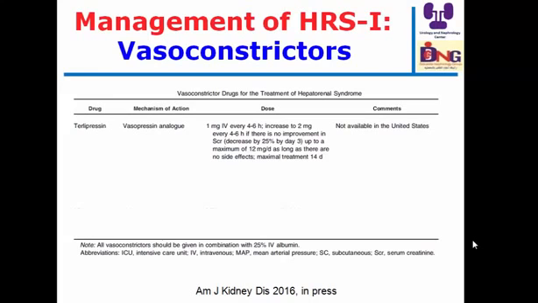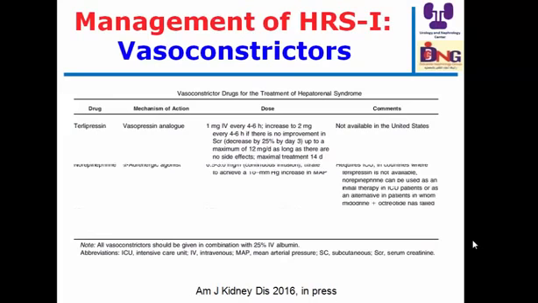The mechanism of action is as a vasopressin analog, and the dose is 1 milligram intravenous every 4 to 6 hours, to be increased to 2 milligram every 4 to 6 hours if there is no decrease in serum creatinine by 25% by day 3. If there is no response, increase the dose up to a maximum of 12 milligram per day, as long as there are no side effects, and the maximal treatment is 2 weeks.